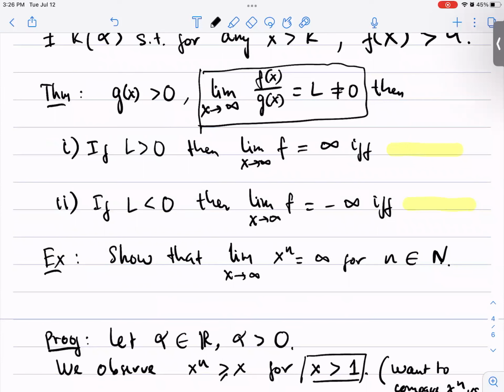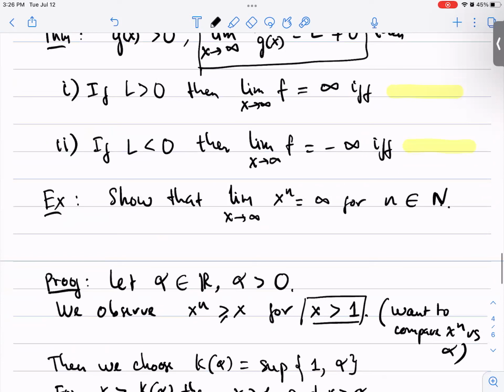Then we have a ratio test for this notion of limit. Assume that the function g(x) is positive, and the limit when x approaches infinity of the ratio f(x) divided by g(x) is equal to L, different from 0. Then we have the following statements.